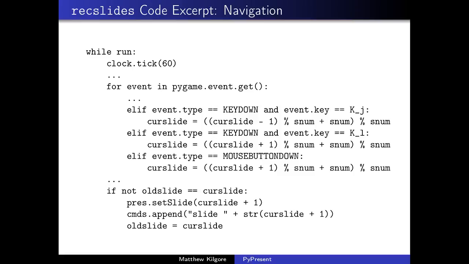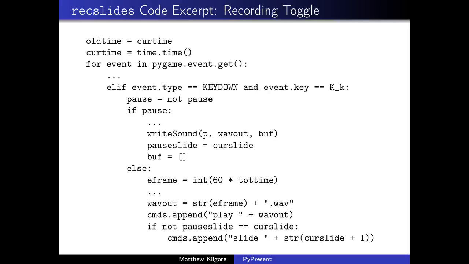Very simple. Now, the recording toggle is similarly a part of the game loop. This whole segment is. The main difference is that we're adding two variables, code time and old time, which are real-time variables.